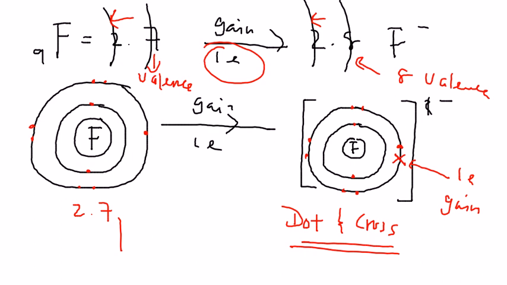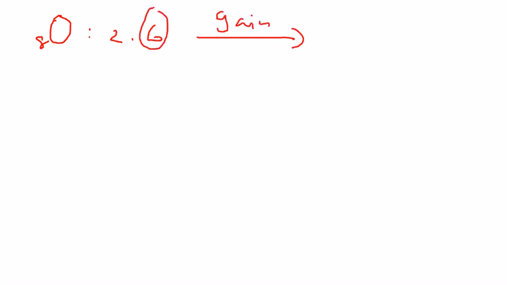Let's look at another group 6 element, oxygen. Oxygen has 8 protons, therefore it is 2, 6, and it gains 2 electrons. Look at the valence electrons here, it gains 2. Okay, I'll change the color first.